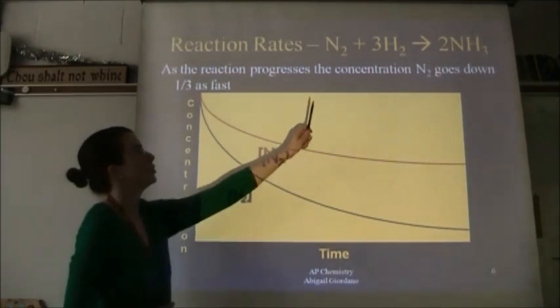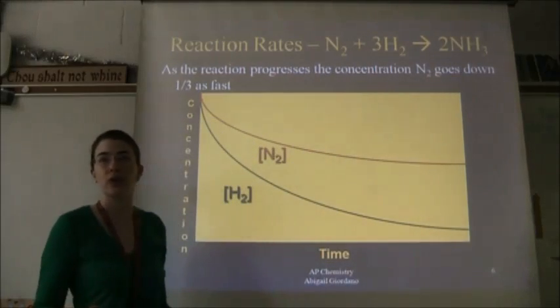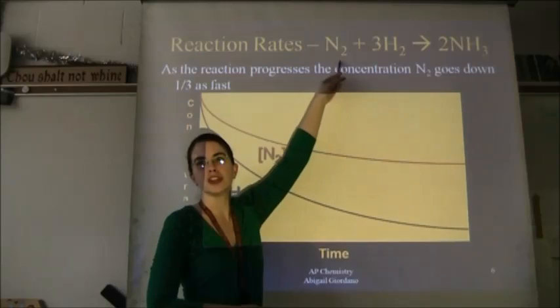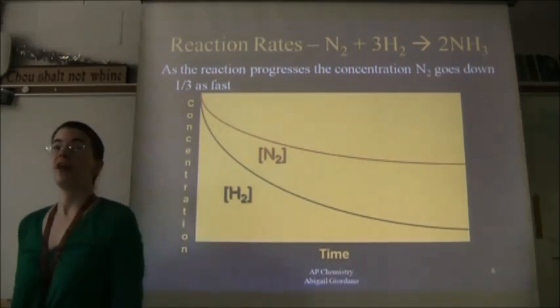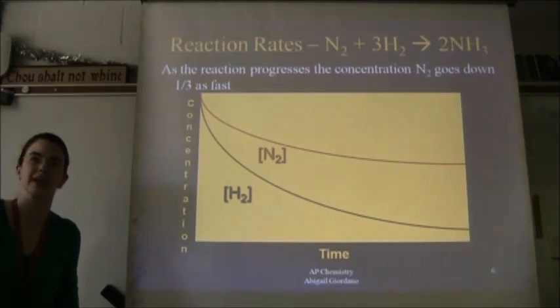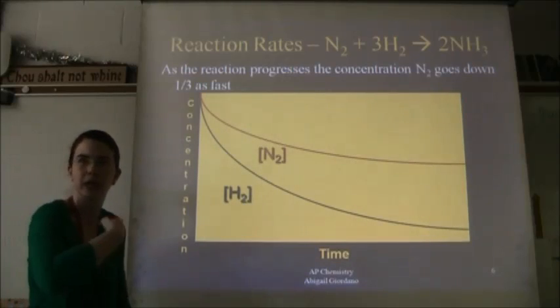It's all to do with the coefficients, the molar ratio. For every 1 mole of nitrogen that is consumed, 3 moles of hydrogen will be consumed. Hydrogen should be disappearing faster because we're taking more away every time this reaction occurs.